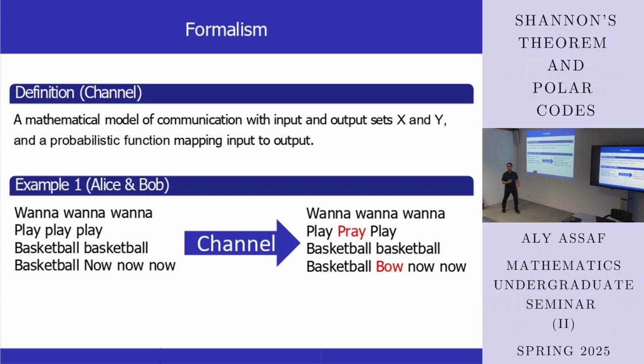A channel is just a mathematical model describing how noise occurs in real life. So it's usually a set of inputs and outputs that are also finite, where there's a probabilistic function that maps the input to the output, where it distorts it in some way that would simulate reality. For example, this is what we did. We added some errors using the channel to our encoded message.